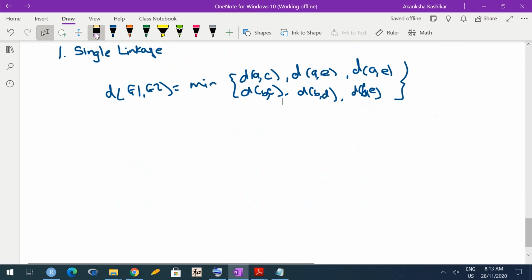Then of course another version would be the maximum. That is known as complete linkage.